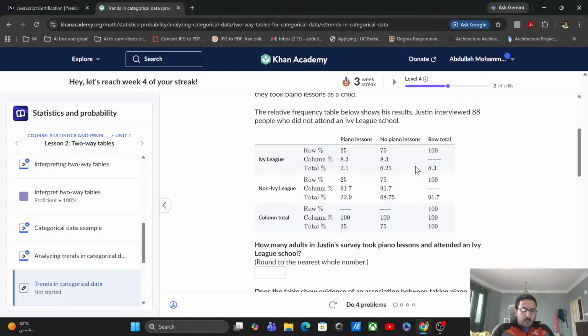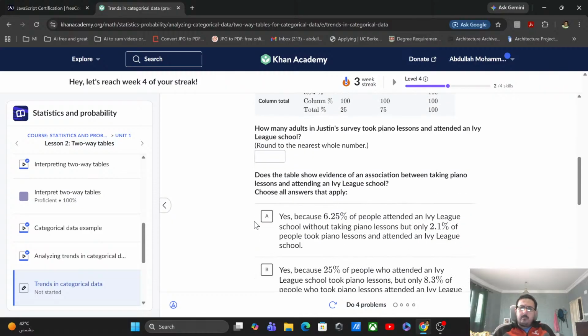Round to the nearest whole number. Let's say 2.